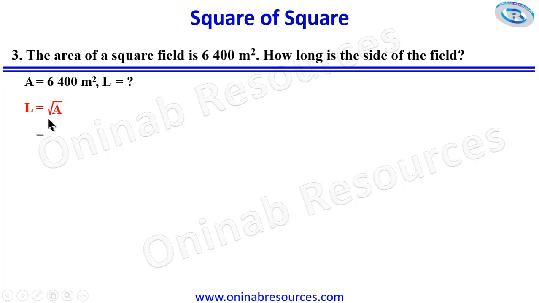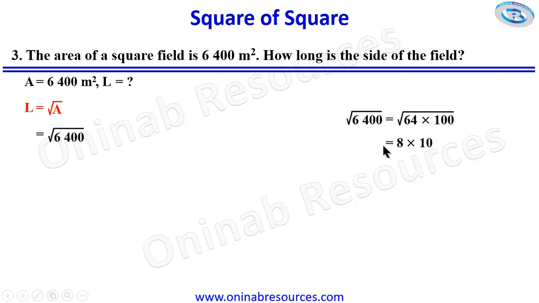So therefore, we are going to have the length to be square root of 6,400. So we are going to find a better way of calculating the square root of a large number like this. This 6,400 can be written as square root of 64 times 100, and square root of 64 is 8, square root of 100 is 10.